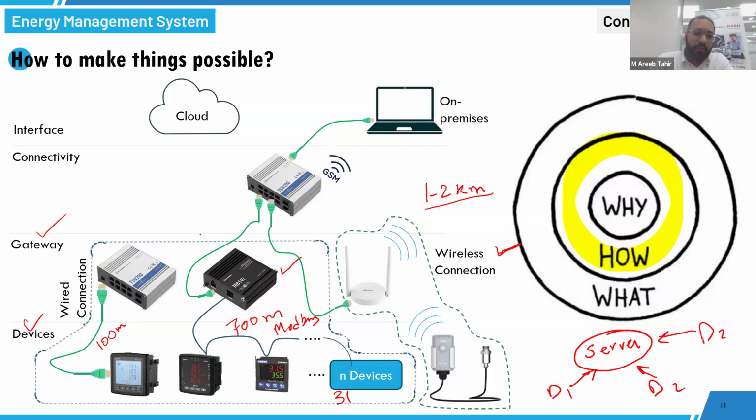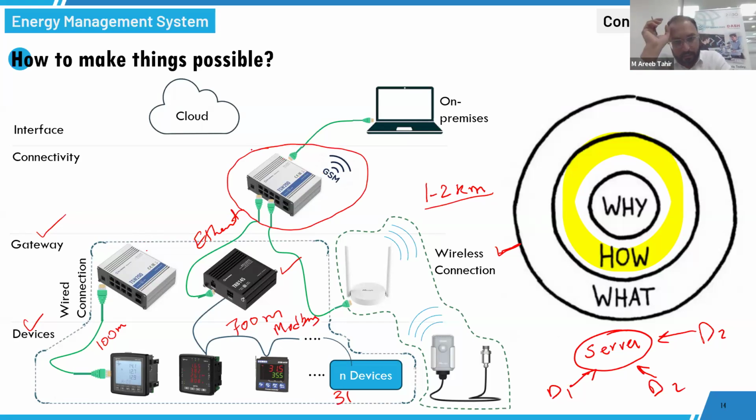So it is going to convert it into Ethernet. And if we have a device which already has Ethernet connectivity, it can just be connected to a switch, and this switch can be connected to a central system.